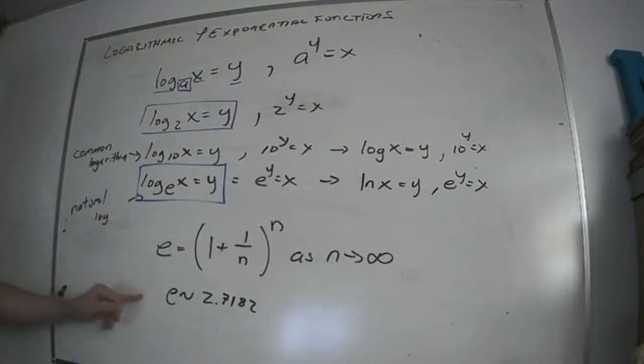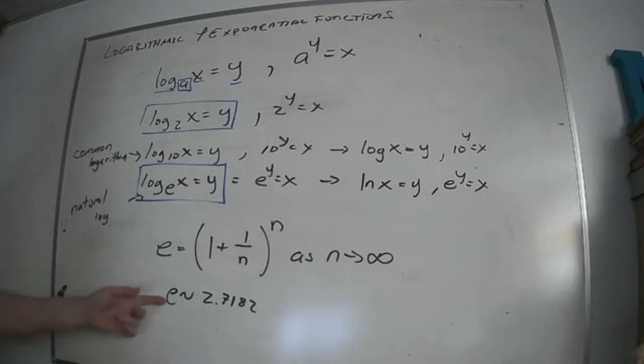It is like pi, an irrational number. You cannot express it fully as a decimal, because it's non-repeating. So we just give it e.